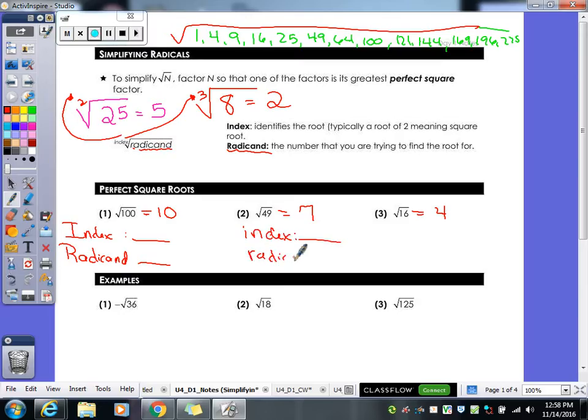We'll give you a couple minutes. Now, we don't have you write much on your notes, so that's why, when you write them, it'll help you to remember and learn what they are. Once you write them, go ahead and fill in what you think the index and the radicand are.